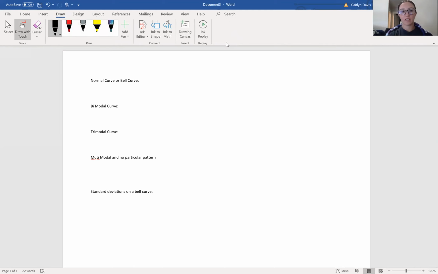So a regular bell curve is what we hope, or that we think, a normal population should be like. Ultimately it's one curve where we go up and down, with the top right about there, and it's equal on both sides. Then a bimodal curve is when we have 2 humps. I like to think of bimodal and trimodal like camels, depending on how many humps they have.